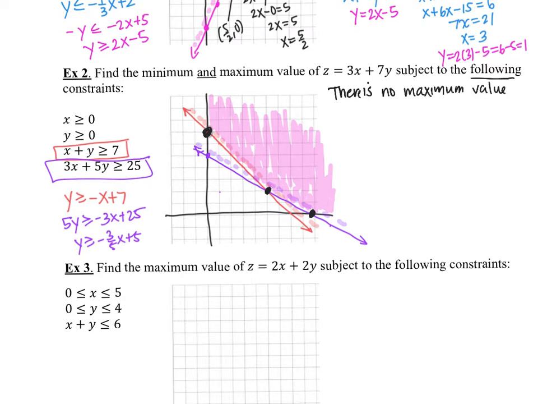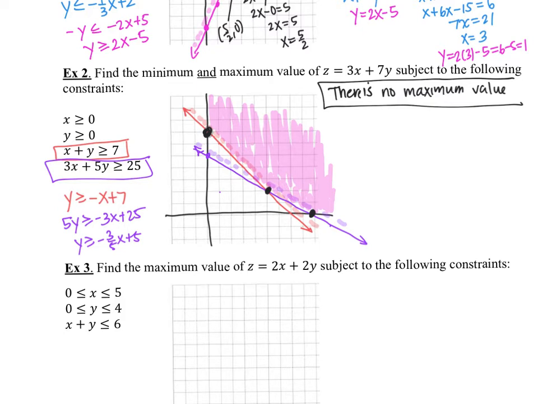If I'm trying to maximize that function, I can always find a point that is bigger and bigger and bigger off in infinity land that'll make this a higher value. Because it's infinite in the positive direction, there's no maximum value. So I'm still going to find the minimum value, and I'm still going to specify that there was no maximum value. Okay, so let me look for my vertices.